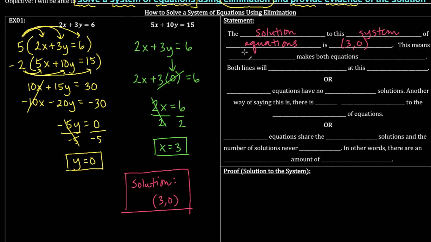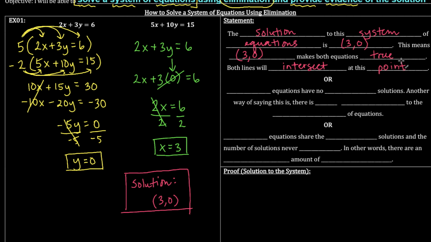This means that 3, 0 makes both equations true. Visually, both lines will intersect at this point.